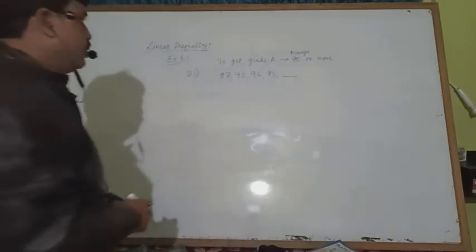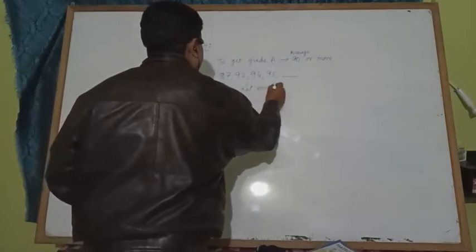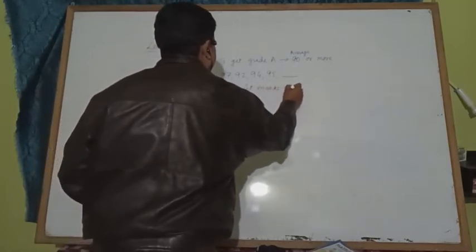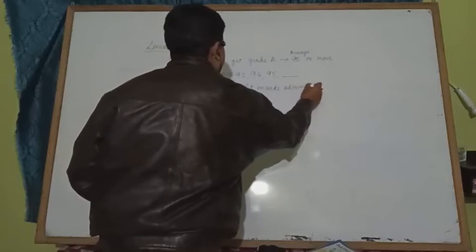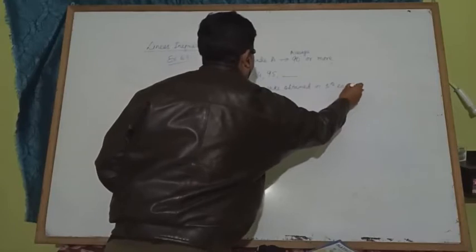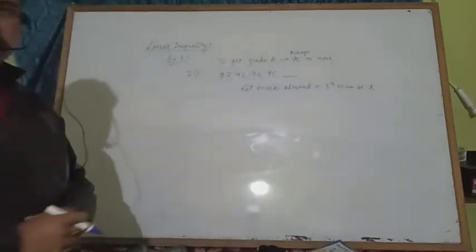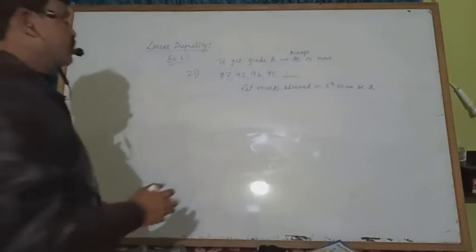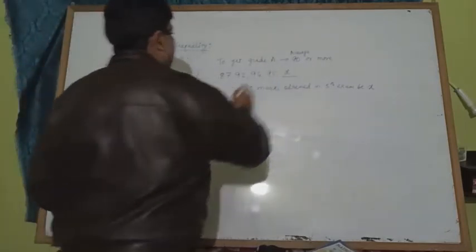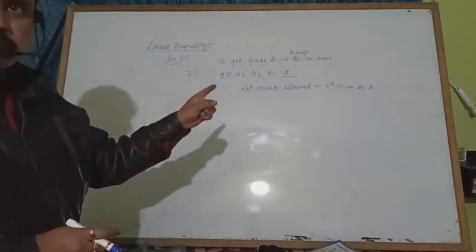Okay, so let the marks obtained in the 5th exam be X. How do we find the average of these 5 subjects? What is the formula?